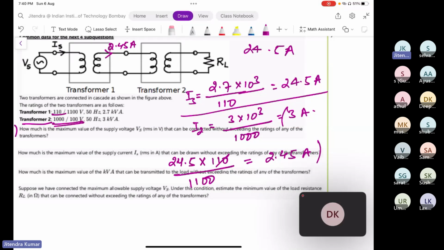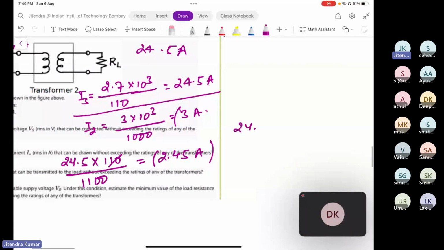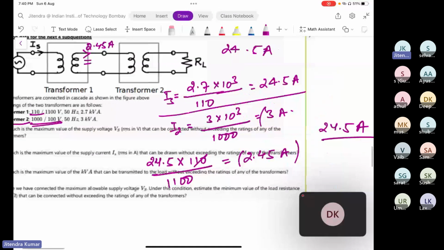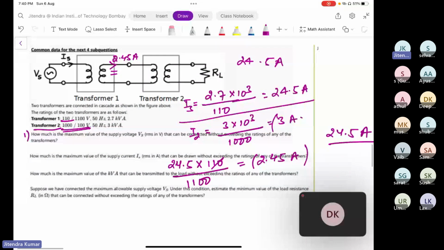So every time we will try to avoid the maximum value, whichever is coming from the two different expressions, and we should go ahead with the minimum of both. So here 2.45 we will consider, and now we will refer to the primary side, which was already there. So you will end up with 24.5 ampere, because 2.45 into 1100 divided by 110 will be 24.5 ampere. Now, if there is any doubt, you can go ahead.